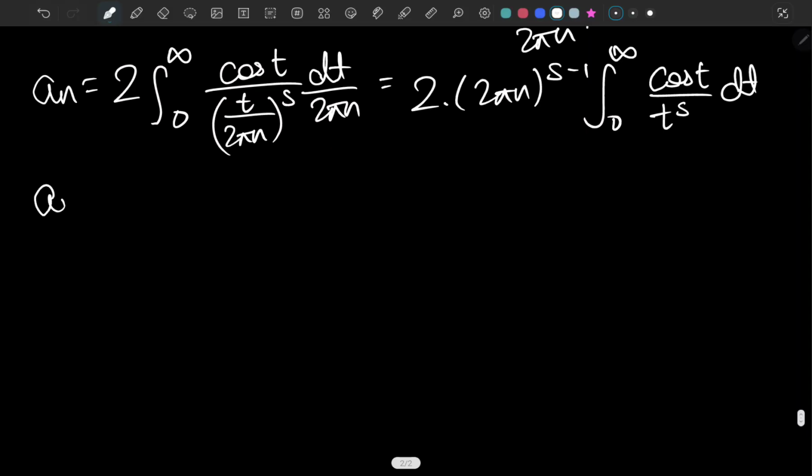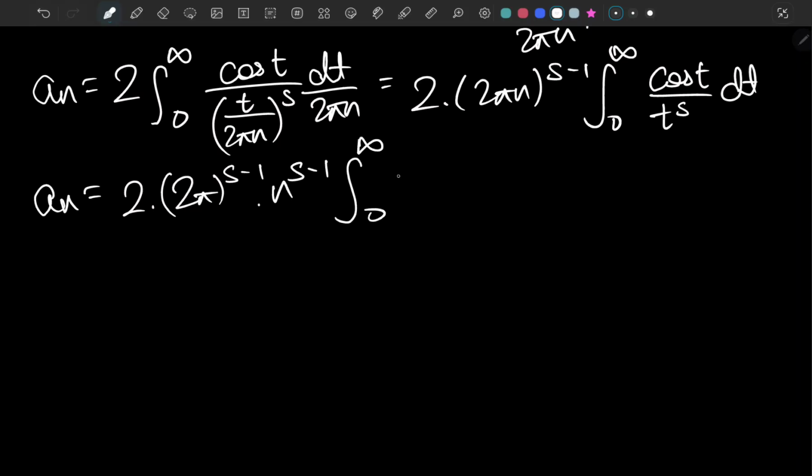Or more precisely, we can consider writing this as 2 times 2 pi to the s minus 1 n to the s minus 1 integral from 0 to infinity t to the minus s cosine of t dt.